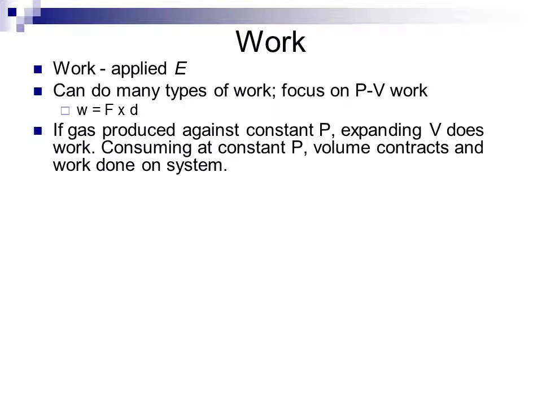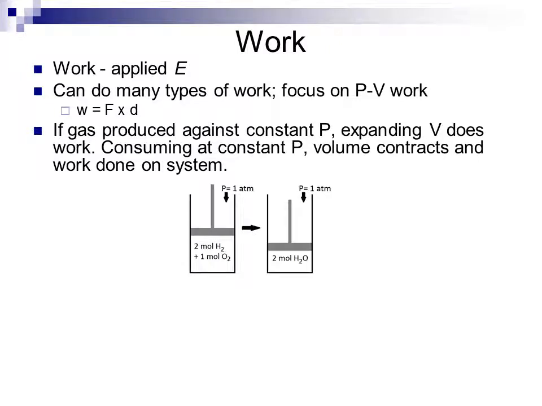Consuming gas at constant pressure will cause the volume to contract, and work will be done on the system. So if the system in the first case is producing gas, it is doing the work on its surroundings by expanding. If in the second case the gas is being consumed, the volume is contracting and the surroundings are doing work on the system.